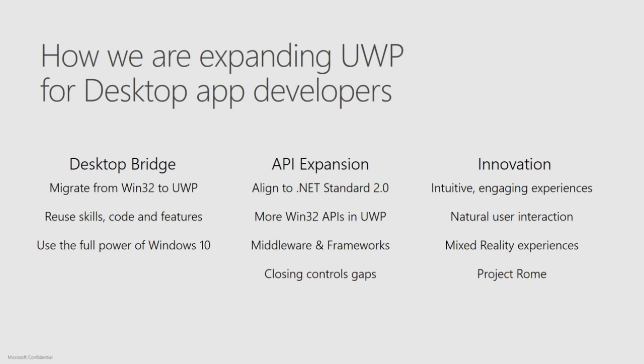And we're continuing down that path, also enabling more Win32 APIs for desktop app developers directly from the UWP app container. And then there's all the innovation happening in Windows 10 with mixed reality, Project Rome, and all that. With UWP, you are at the forefront of that as well, and you get the best possible experience for those.